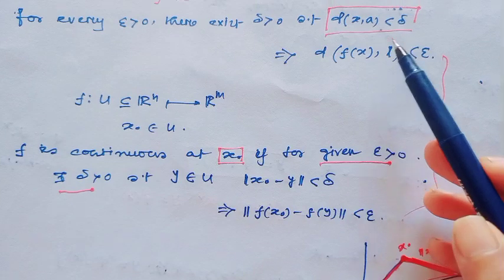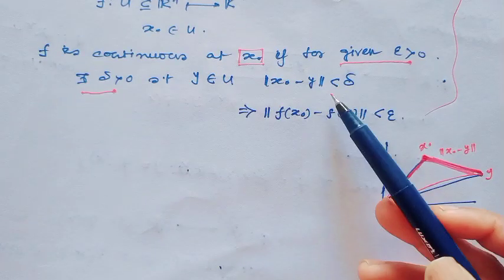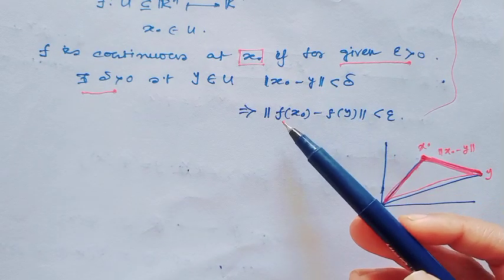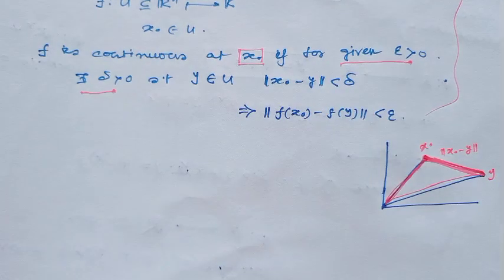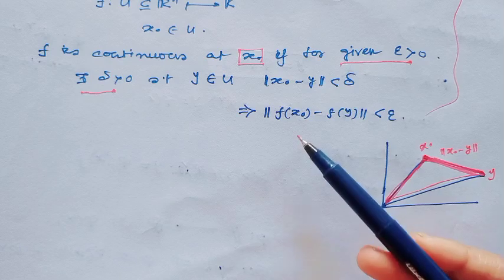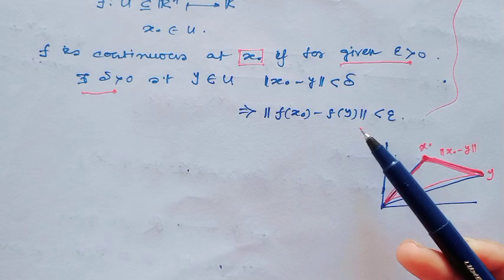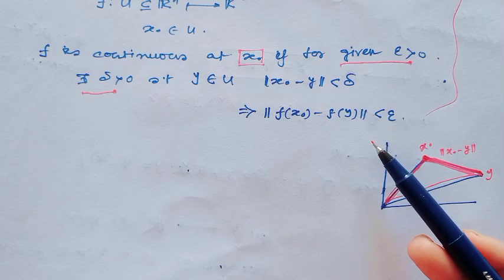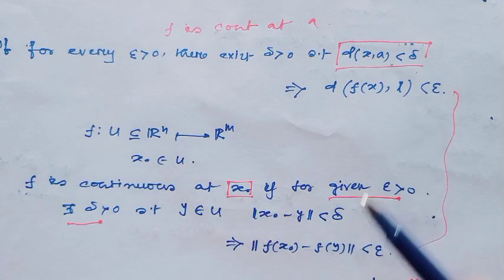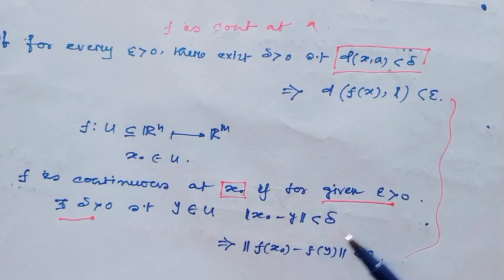Since it is a distance, we can use this norm notation. Then, since f is continuous at x0, norm of f(x0) minus f(y) is less than epsilon. I hope all my viewers have understood why we have used the norm notation here.